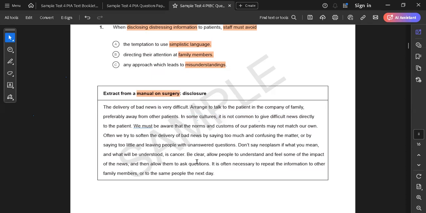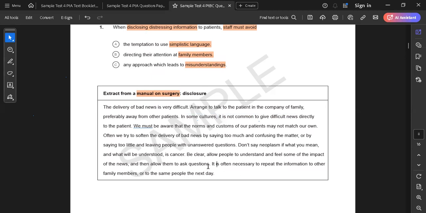Misunderstanding. So if you focus, yes, there is some information about family, but it's not about directing their attention to family. There is some information about simplest language as well, but this is what they said. We often try, but the question is what we should avoid.